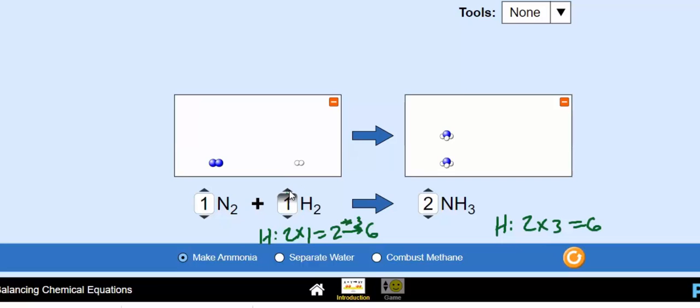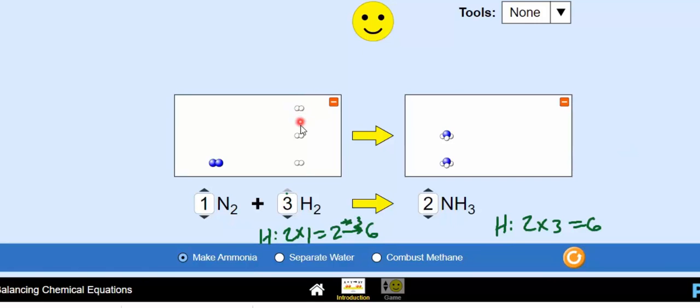Okay, so we can add 1, 2, 3. And now you can see you got the smiley face. It means it's balanced. Okay, 2, 4, 6. You can count them, 2, 4, 6 hydrogens. On the right hand, let me use the spotlight here so that you can see what I'm doing.